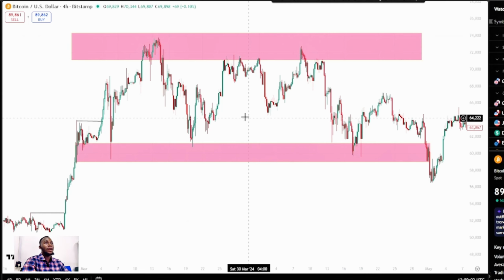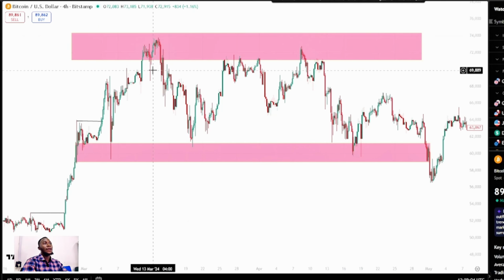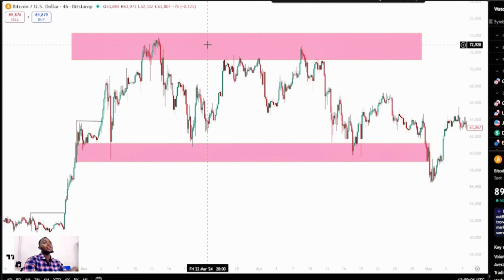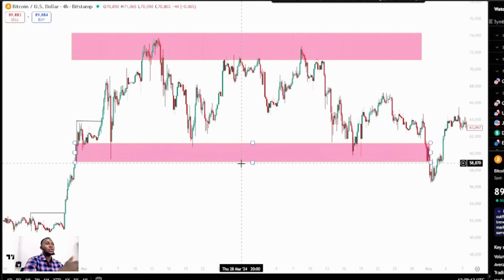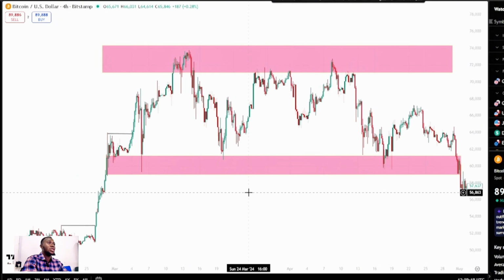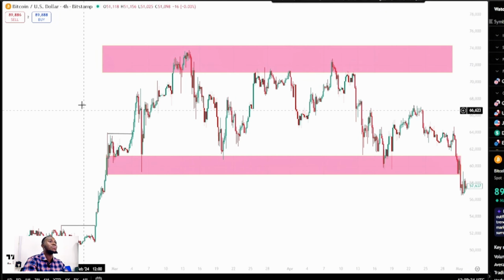More like an obstacle for buyers to continue buying. That is what resistance is all about. And support is an obstacle that stops sellers from continuing to sell, and then buyers push the market to the upside. So this kind of market right here is what we call the sideways market.